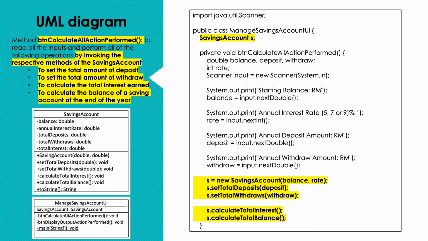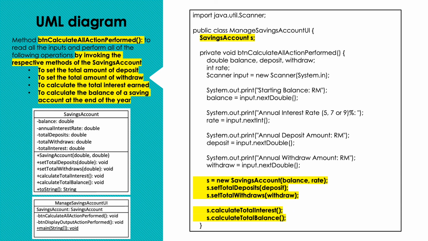Okay, and then we need to perform the following operations by invoking the respective methods of the savings account. So we would set the total amount of deposit, set the total amount of withdraw, calculate the total interest earned, and calculate the balance of a savings account at the end of the year.